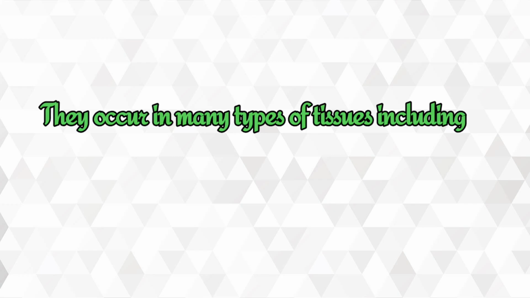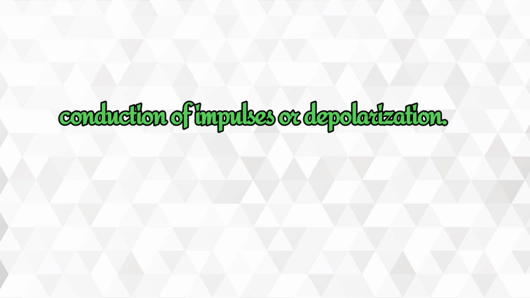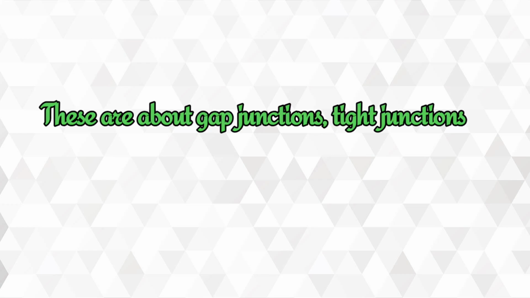They occur in many types of tissues, including the cardiac muscles, where they allow rapid conduction of impulses or depolarization. These are about gap junctions, tight junctions, and desmosomes.